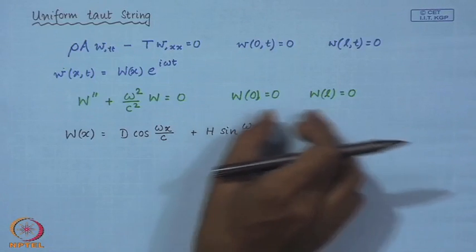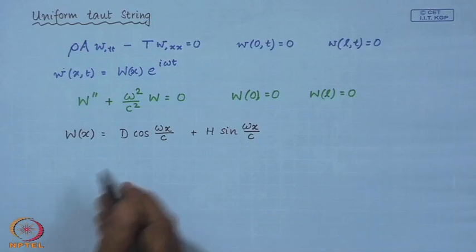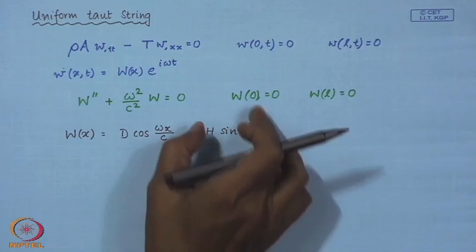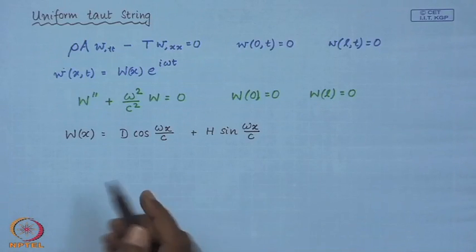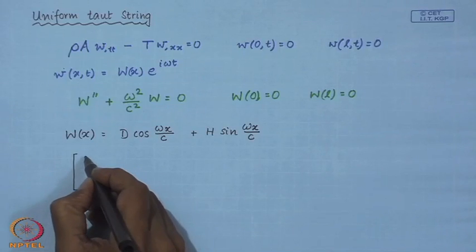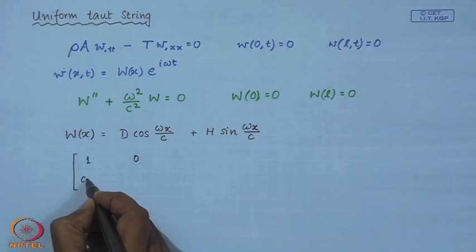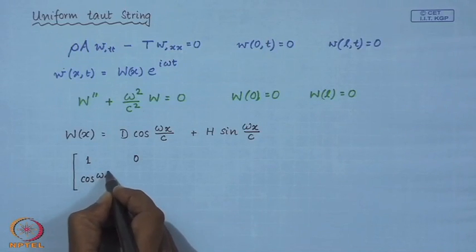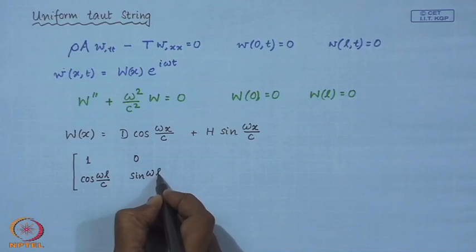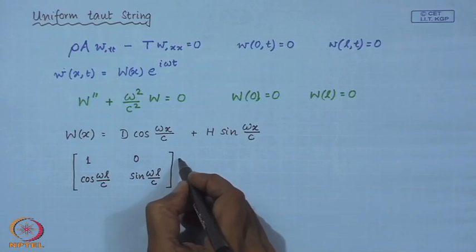Along with this, now we have these boundary conditions at x equal to 0 and x equal to L. So, we will substitute this solution form in the boundary conditions, and we can rewrite the boundary conditions in this form.